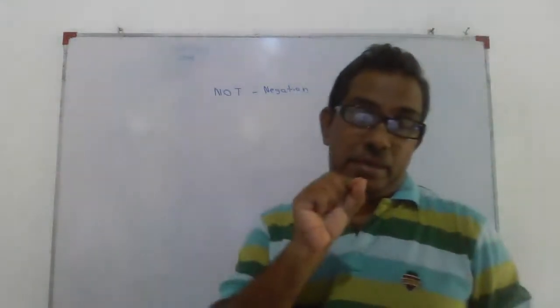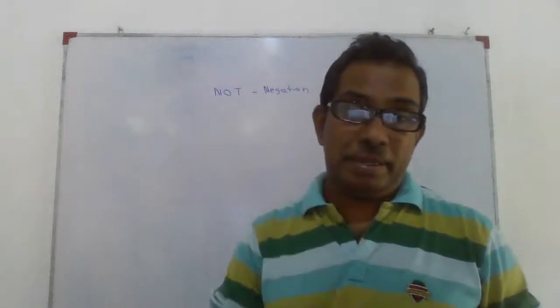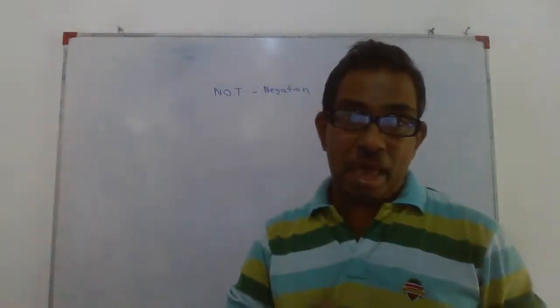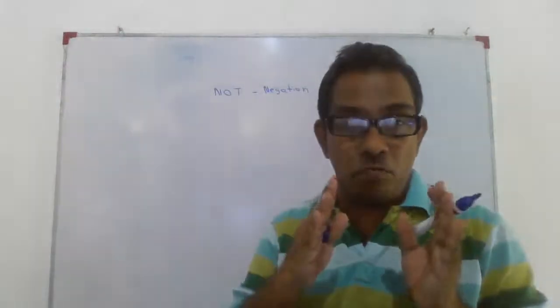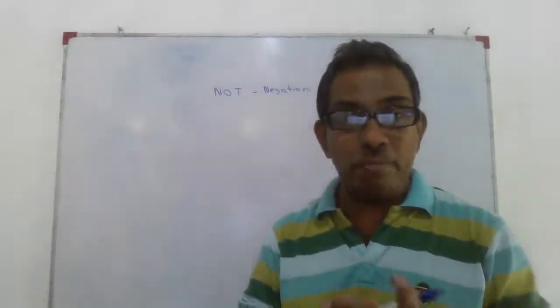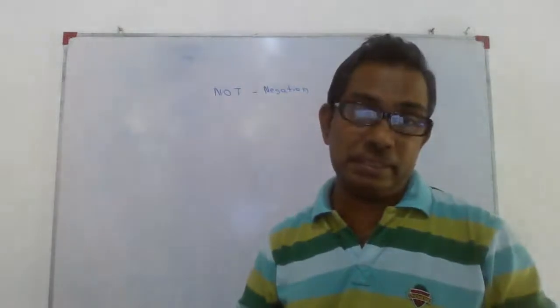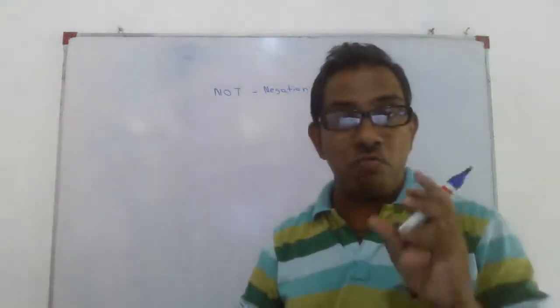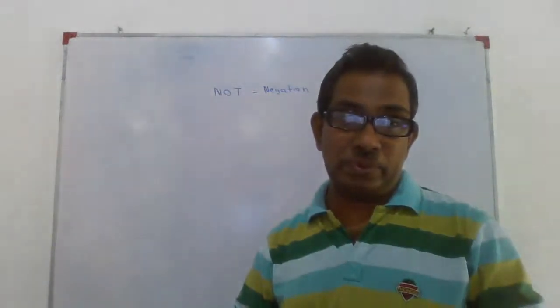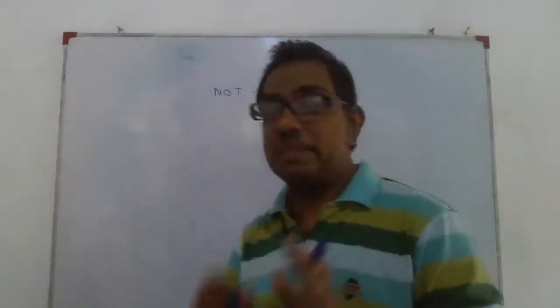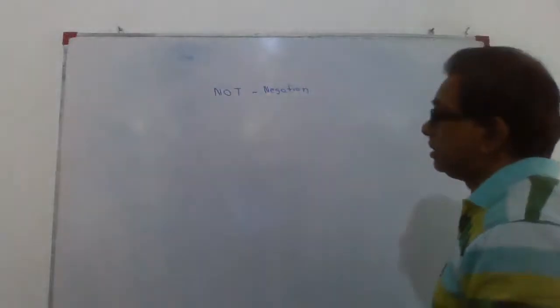Boolean mathematics has got two values called Boolean variables. They are 1 and 0. So let's see how you can understand.